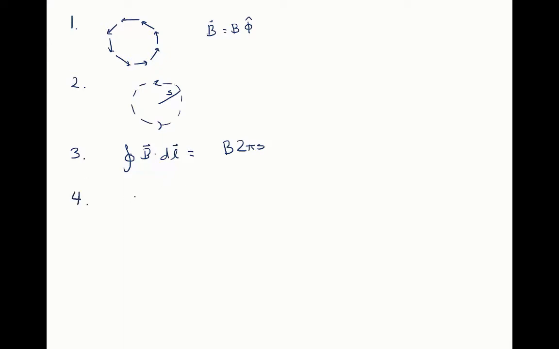Okay, what's dA? Well, remember in cylindrical coordinates we have ds, s d phi, and dz. The area varies over s and phi, not in z. So you have ds, s d phi, and then we need to figure out our direction.